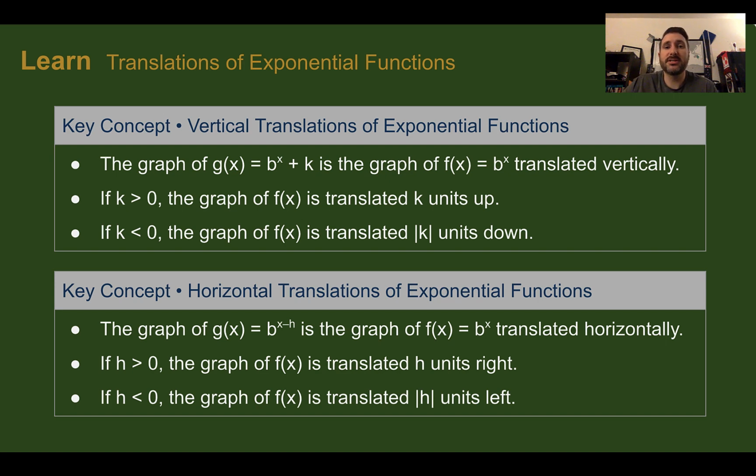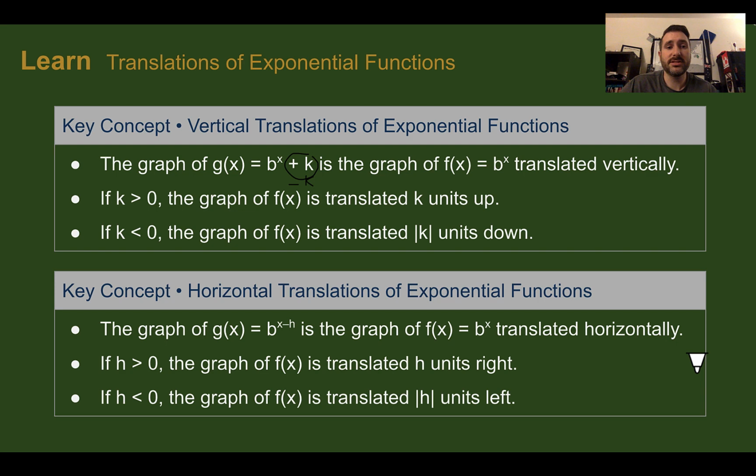So for vertical translations, just like with linear, you are going to have a value of k that is added on to the end. If k is greater than 0, meaning it's positive, then it's going to be shifted up. If k is less than 0, where you would see it as minus a number, then that function is going to be shifted down.